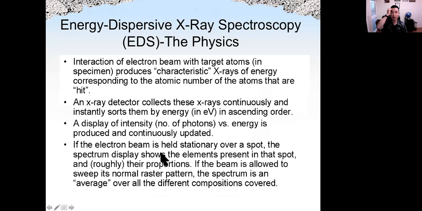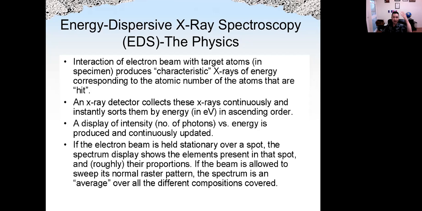All right. So EDS is called energy dispersive X-ray spectroscopy. We can use EDS to see what types of atoms are in the spot. So here is the mechanism. An interaction of electron beams with target atoms will produce so-called characteristic X-rays of energy.